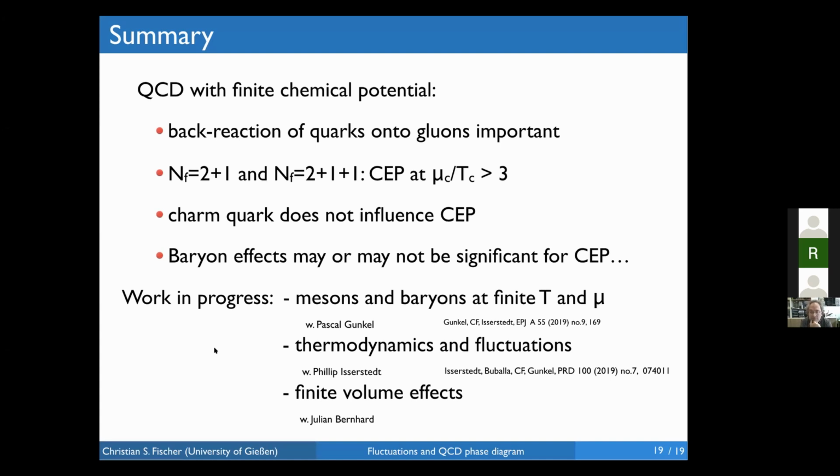Yeah, maybe this is also for the discussion session, but it's just quite a naive question. We have seen that you have quite a good agreement with lattice results for the crossover temperature. However, the susceptibilities, for example for the quark potentials, differ a lot from the lattice results at a certain temperature.